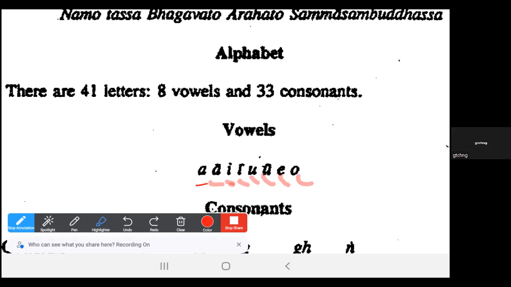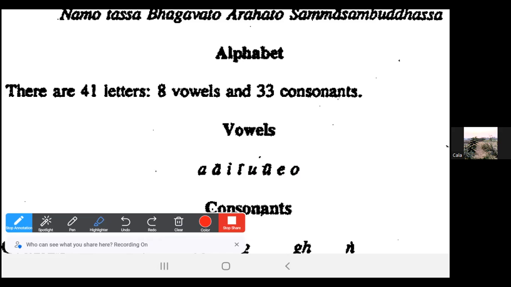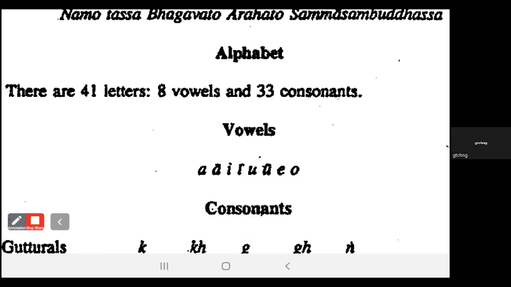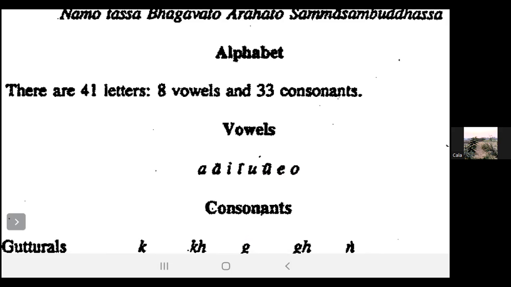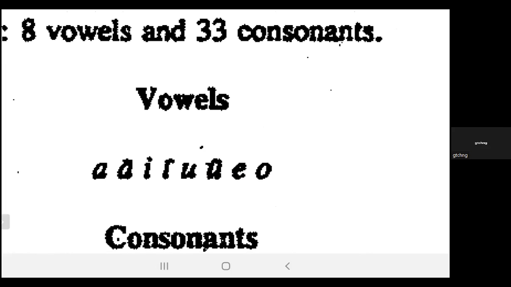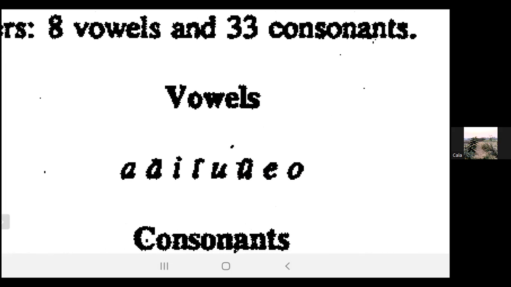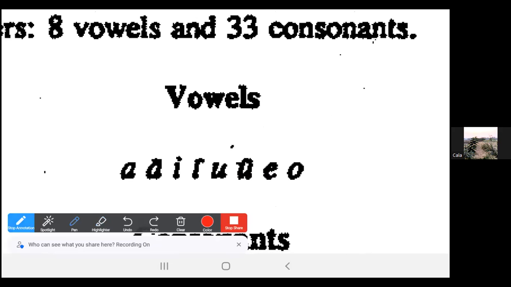Okay. So we pronounce it: A, I, U, E, O. So the first one is when you see the A with the, how do they call it, I forget the term there.